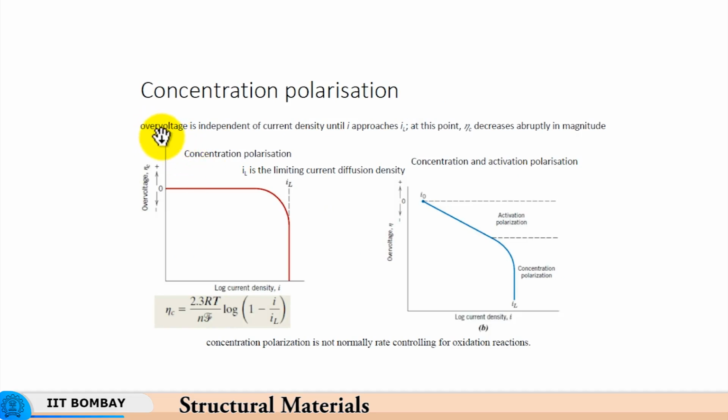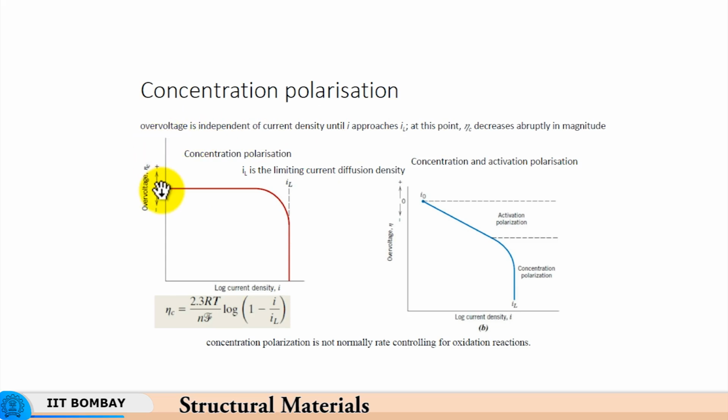Now, in case of concentration polarization, the over voltage is independent of current density until a certain limiting current, and then that over voltage drops very rapidly. It's similar to a breakdown type of situation.